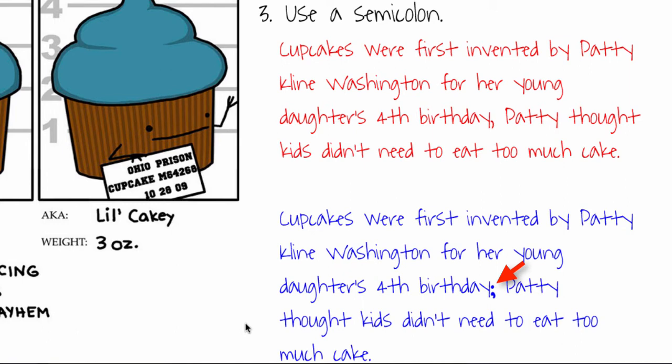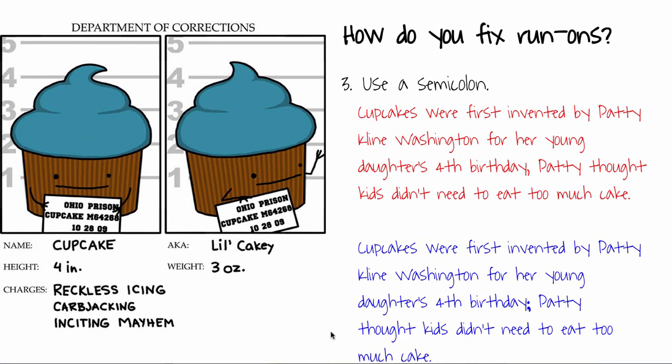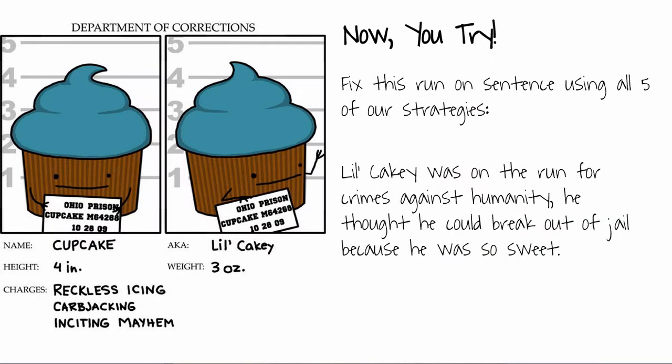Patty thought kids didn't need to eat too much cake. So you'll see that in all 3 of those examples, the place where I'm adding in my semicolon, my conjunction, or my end punctuation is going to be the same because that's where the first sentence ends and the second sentence begins. So just as a review, let's go ahead and try it on our own.